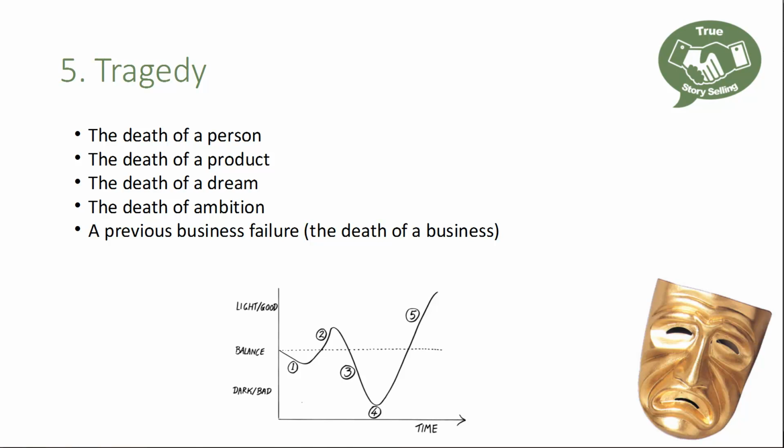But actually the plot structure is the same. If you think about Macbeth as an example, we have the opening situation where Macbeth is under King Duncan. He's a respected general. But then he kills King Duncan, and for a while things seem to go quite well for Macbeth. He seems to get away with the murder, but then things go wrong. And we get this frustration phase.